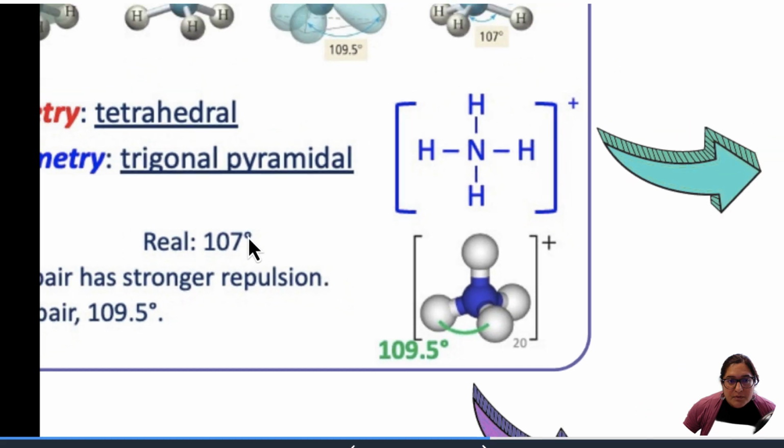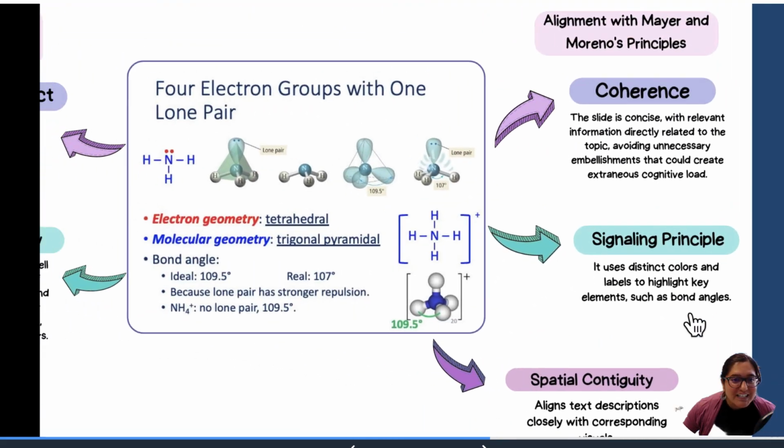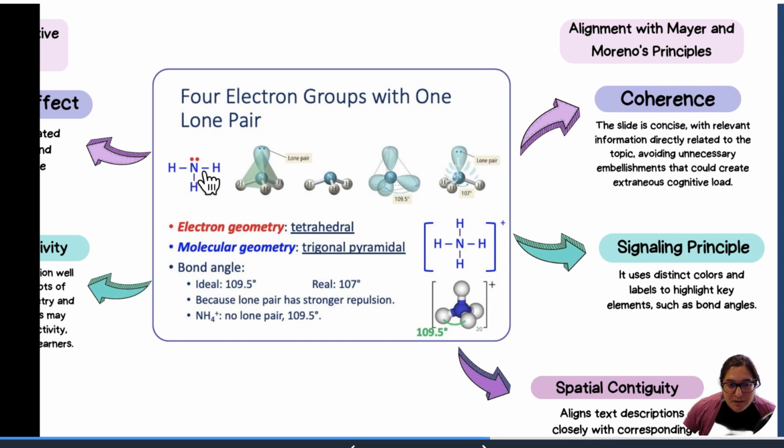So, for example, in this particular font, the blue font is connected directly to the molecular geometry. The red colors over here are connected to the electron geometry. So visually, students do not need to think or talk.